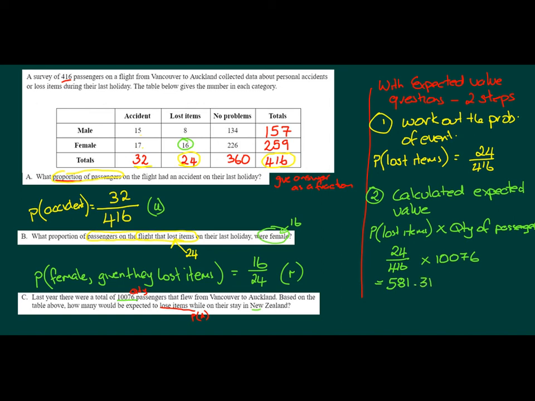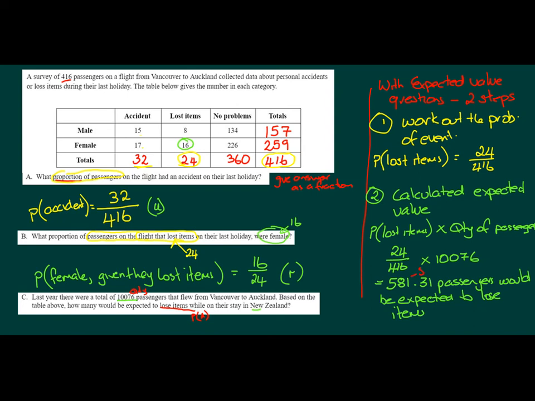Therefore our answer would be 581.31 passengers would be expected to lose items. Now in this particular case here, we can't have 581.31. So what the examiner will be looking for is for you to round that sensibly.